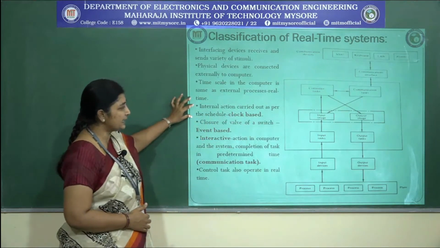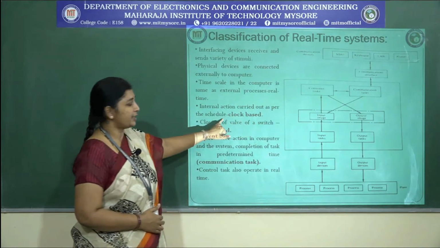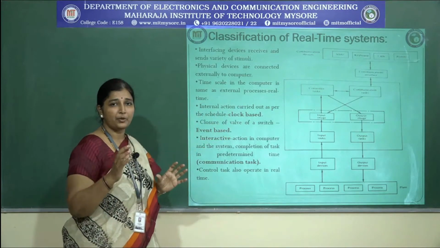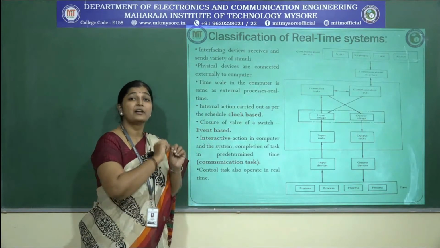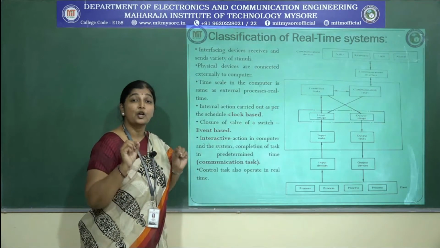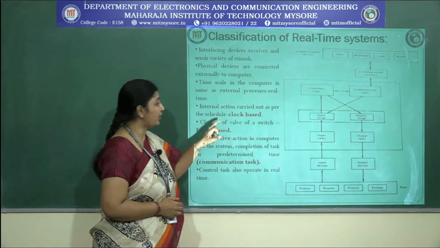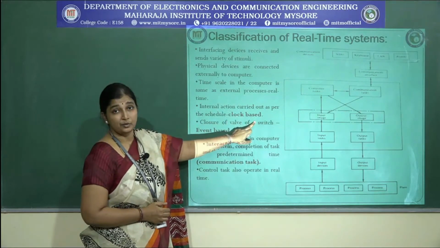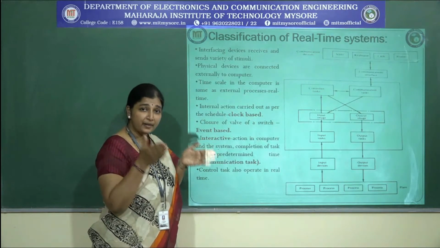So, if I am scheduling an operation at, say, 5 milliseconds, or have a clock duration of 5 milliseconds, and that happens internally within the controller, then you call it clock based. So, you are providing a clock for operating at a certain duration of time.